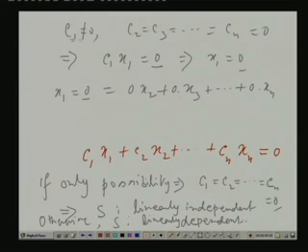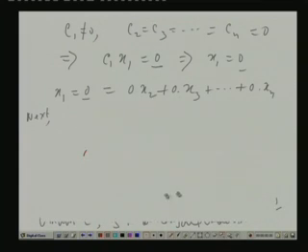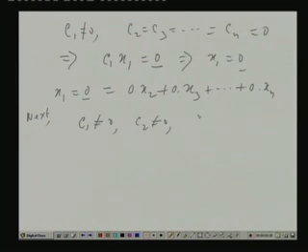So, I first started with only one coefficient non-zero, others 0. Now, you go for say 2 coefficients non-zero and others 0. Next, suppose C1 not equal to 0, C2 not equal to 0, but C3, C4 up to Cn are equal to 0.